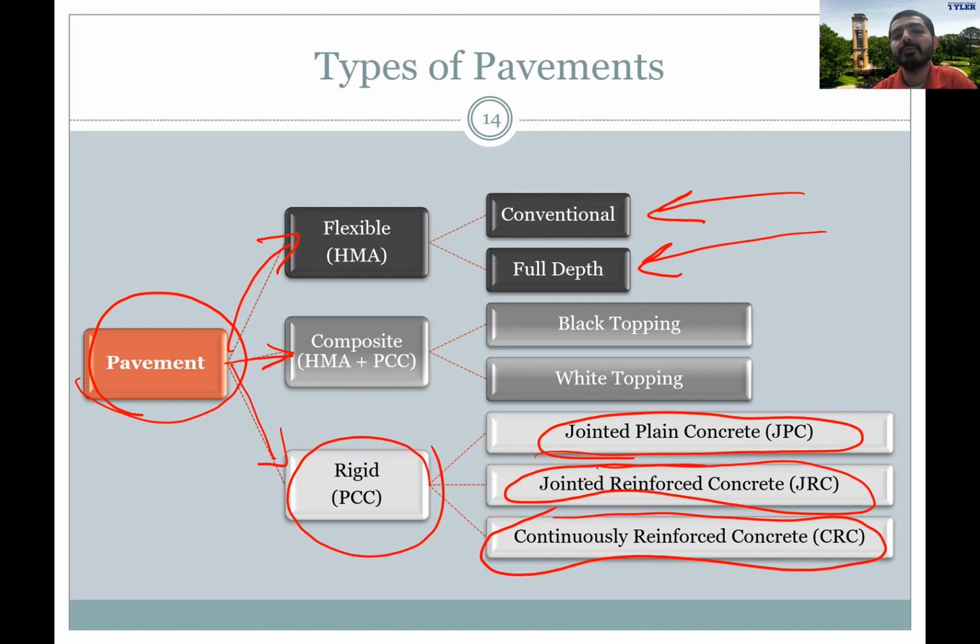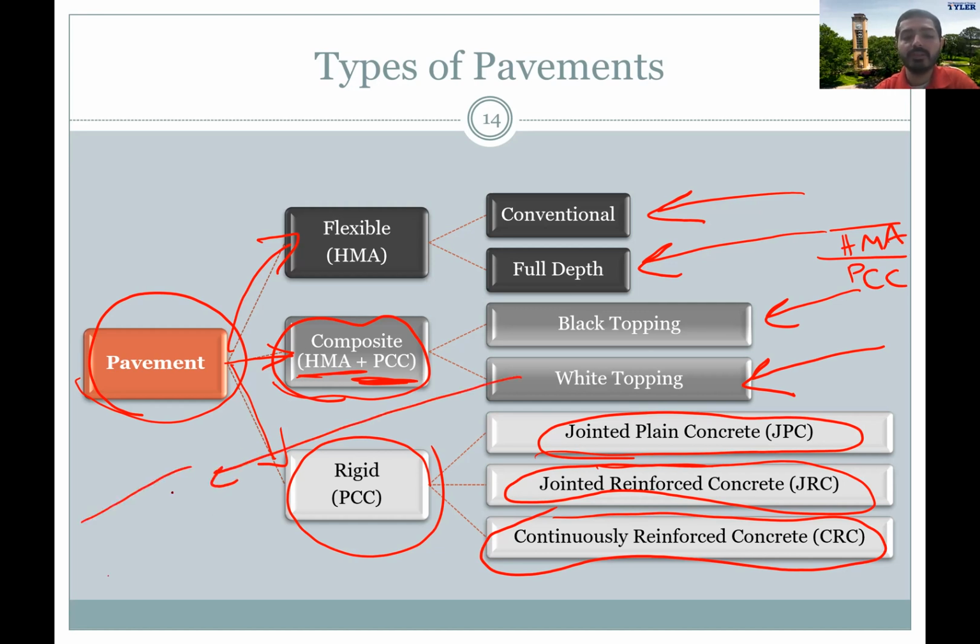Something in between is composite pavement, a combination of hot mix asphalt and Portland cement concrete, where we can have a black topping or white topping. Black topping means HMA on top of the Portland cement concrete, or white topping, which is the other way around: we have the Portland cement concrete on top, and at the bottom, the hot mix asphalt.